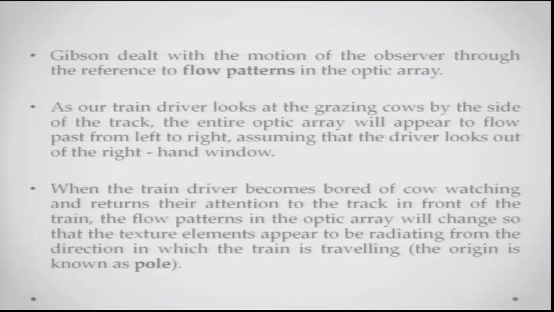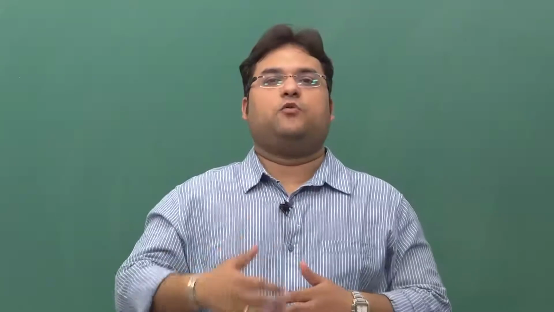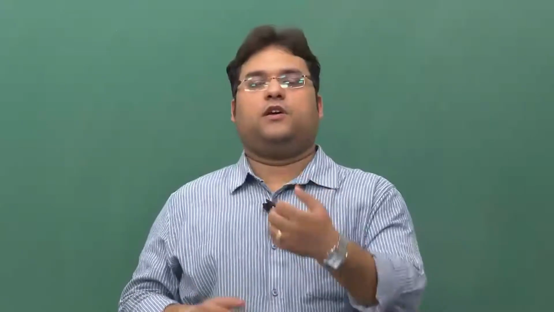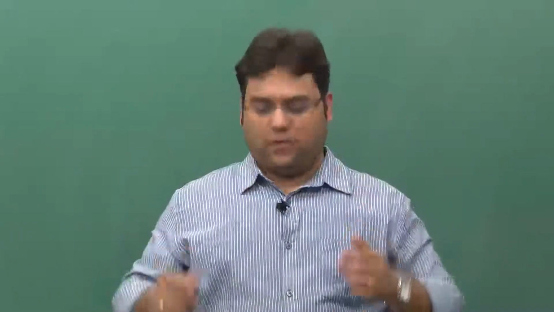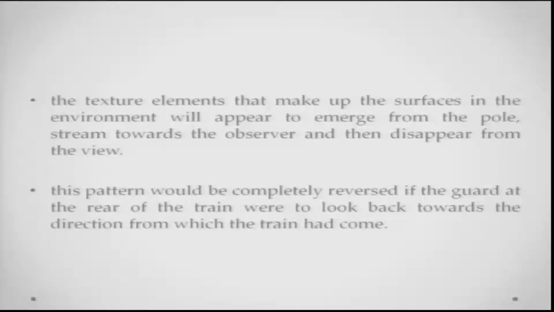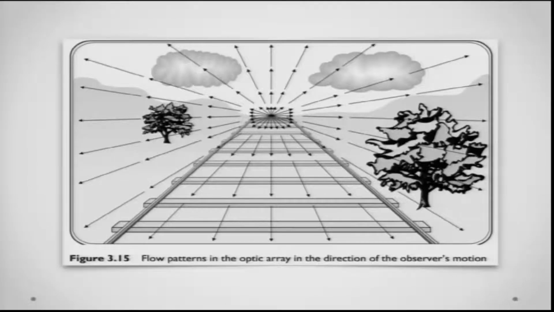It will appear as if you are moving in a particular direction and all the light is diverging from that direction. This point furthest in the direction is referred to as the pole. So if you're moving ahead and looking right in front of you, there's a point called the pole and all the light is diverging from it. Here is a figure which demonstrates this.